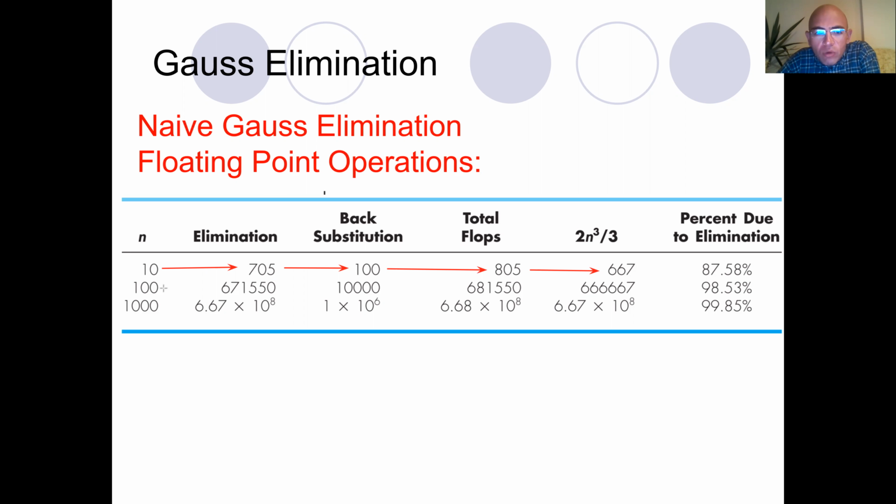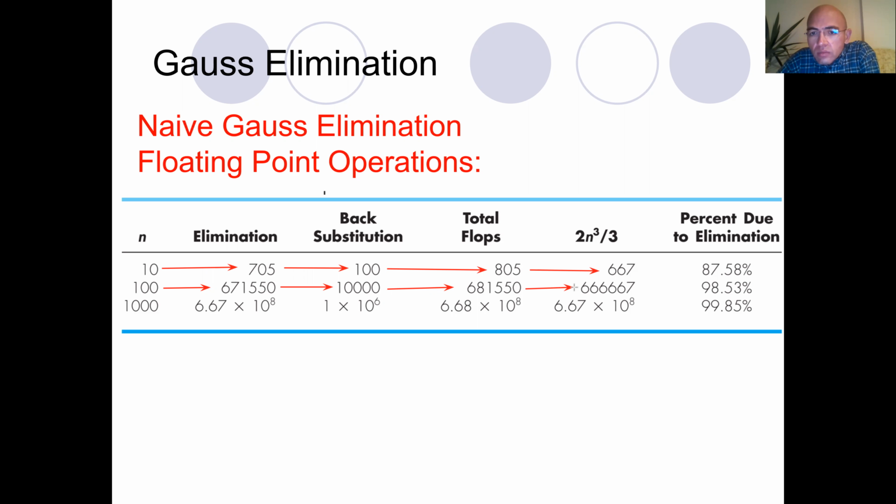When you increase the number of unknowns to 100, for forward elimination you need to make 671,550 operations, and for back substitution you need 1000 operations. So total floating point operations is 681,550.